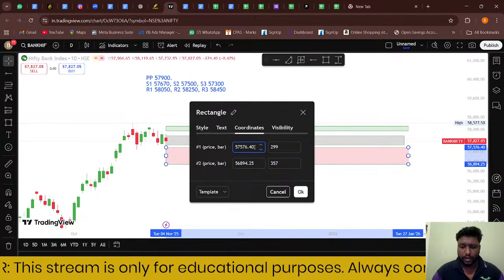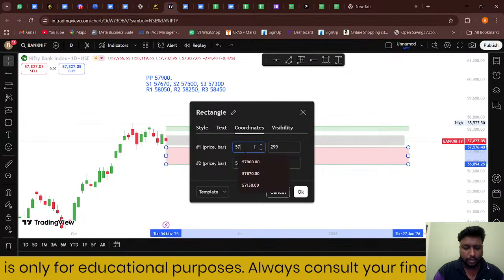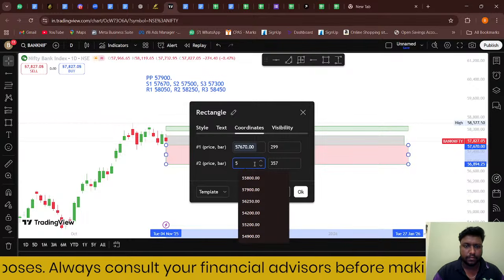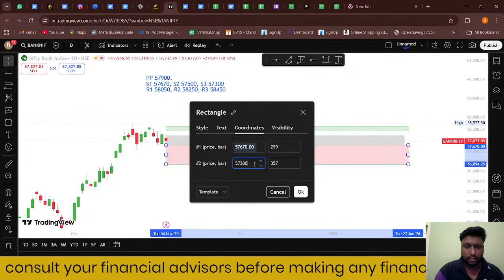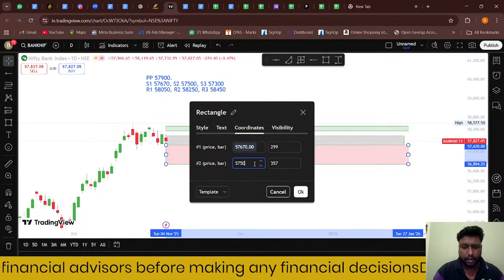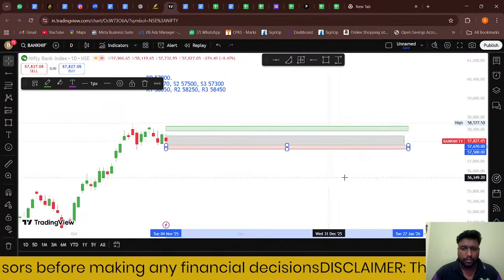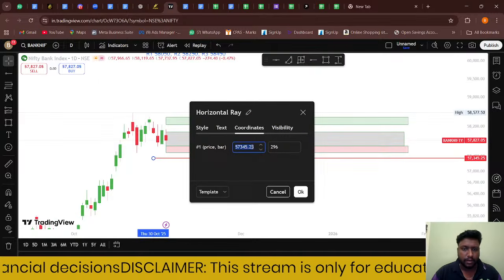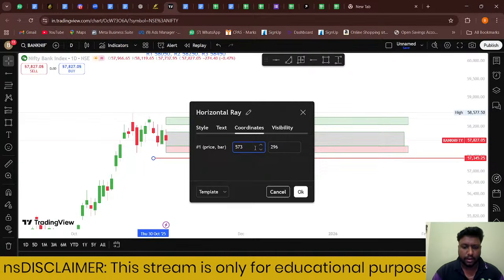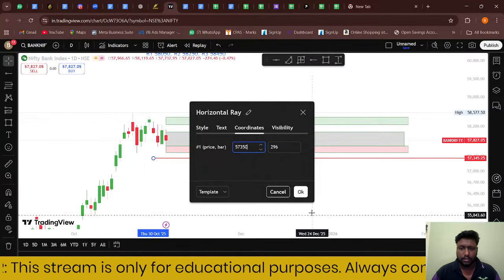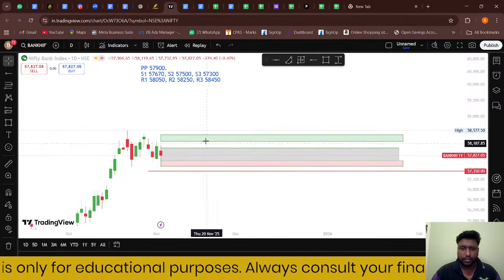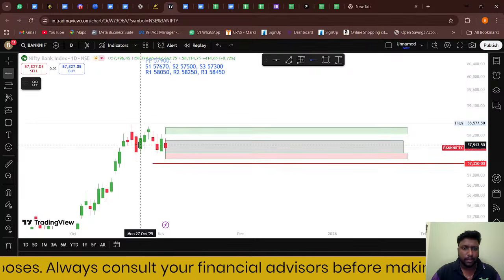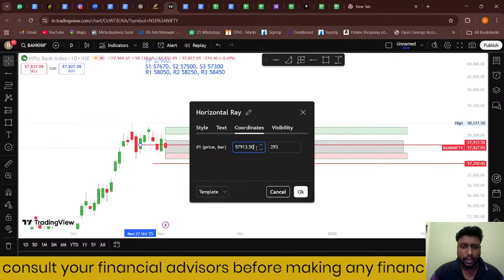It will be between support 1 and support 2, 57,500, and support 3 as well, 57,300 range. We will also mark the pivot line, which is at 57,900 for the day.